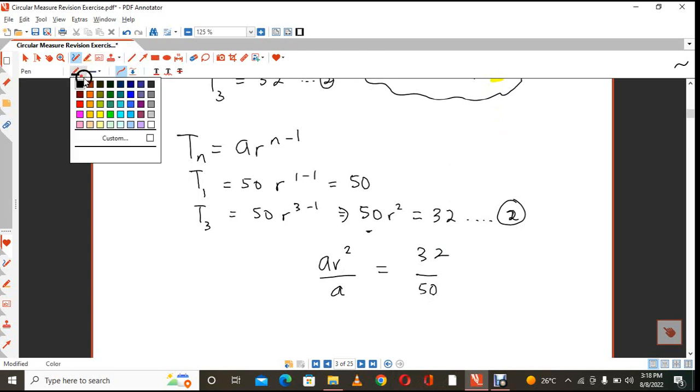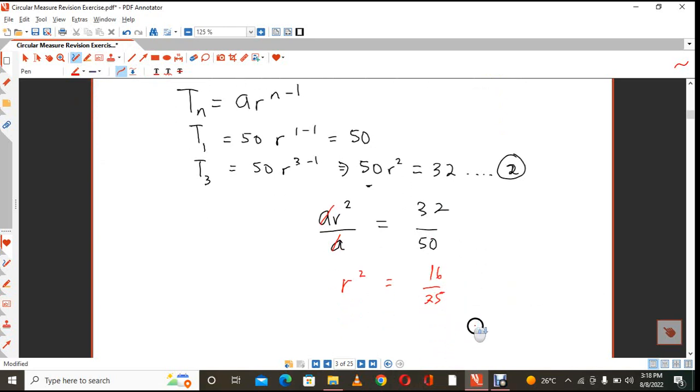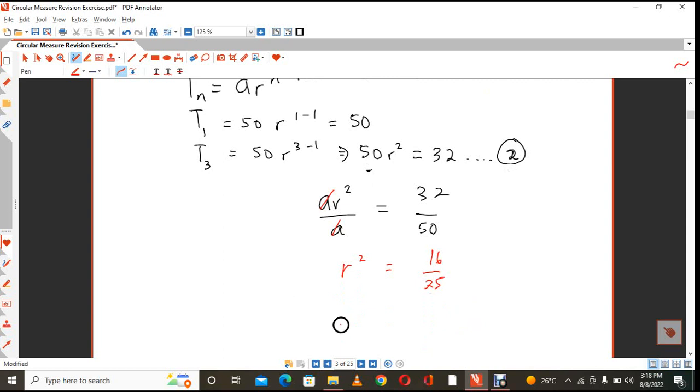From here, let us cancel what we can. Canceling the A leaves you with R squared. Half of 32 is 16, half of 50 is 25. I'm actually just simplifying. So R will be nothing but the square root of 16 over 25, which is the same as the square root of 16 over the square root of 25, which happens to be 4/5.